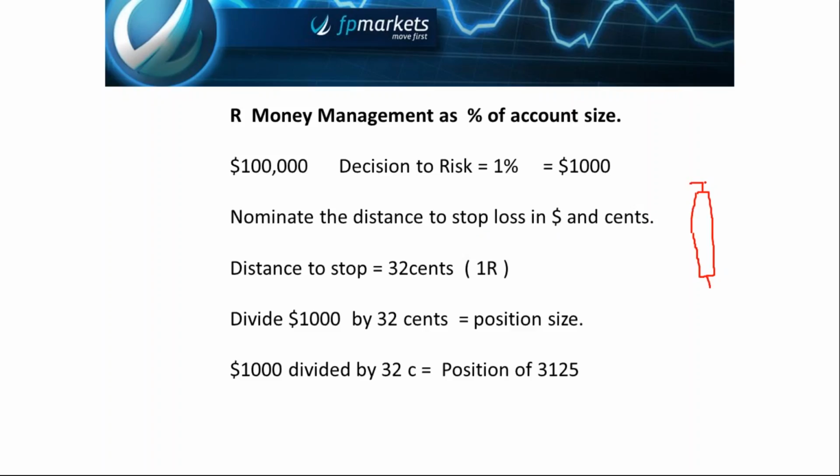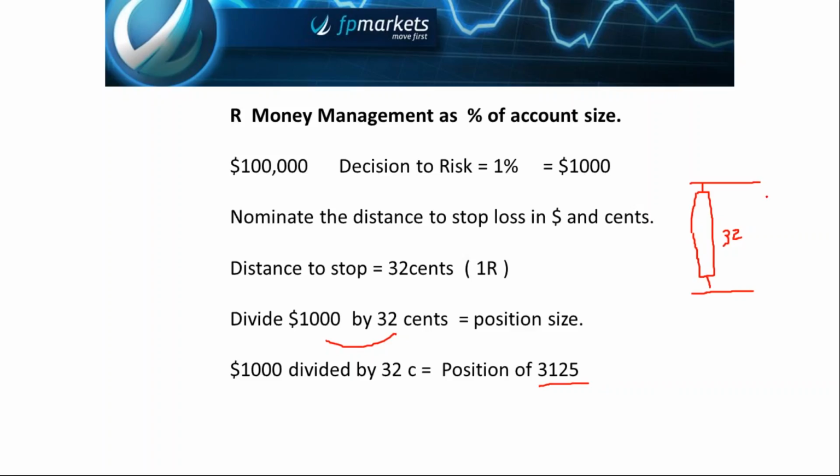We might have an entry here at the top of the range, and we know that our stop is here, which is 32 cents. Then we're willing to risk $1,000, 1% of our account. We simply divide the 32 cents into 1,000, and it will give us a position size of that stock or whatever we're looking at.